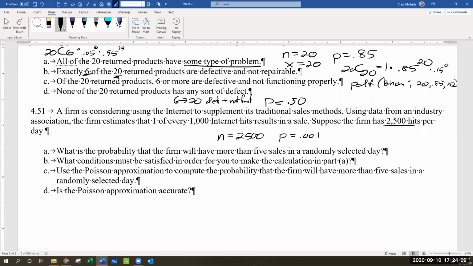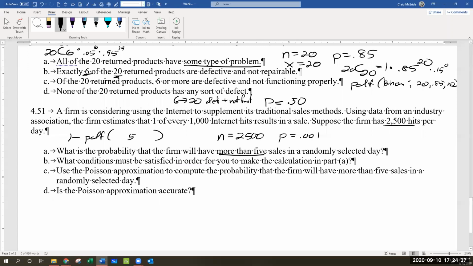Basically, it's going to be 1 minus the CDF of 5, because that adds up 0 through 5, and more than 5 sales is 1 minus it.